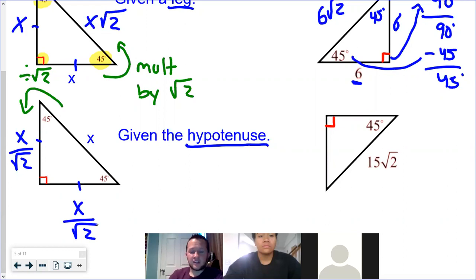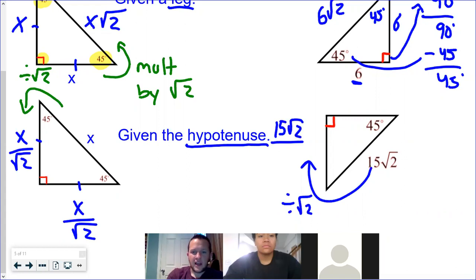Okay, so an easy example here. Come over to the bottom right. I have a 45, 45, 90 triangle, and the hypotenuse is 15 square roots of 2. So what I'm going to do is divide by the square root of 2 in order to get whatever the side length is here, the leg. Now what happens if I do 15 square roots of 2 and I divide it by the square root of 2?